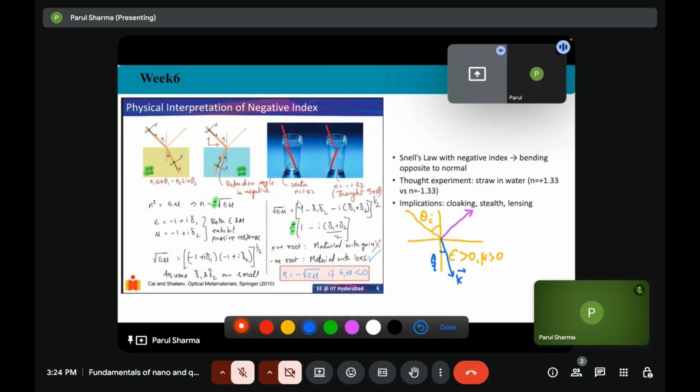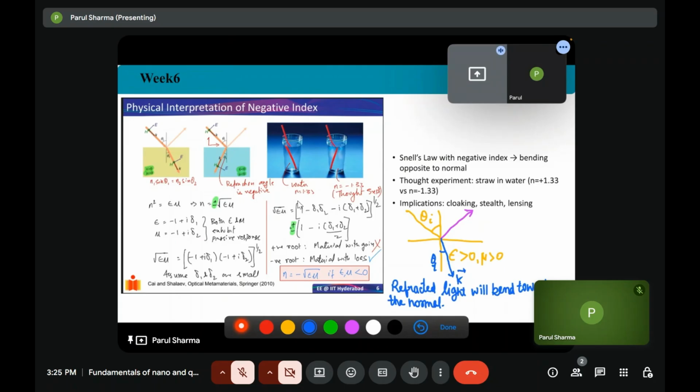So now we can see that if we have a medium which has the permittivity and the permeability both positive, greater than 0, then the refracted light will bend towards the normal.